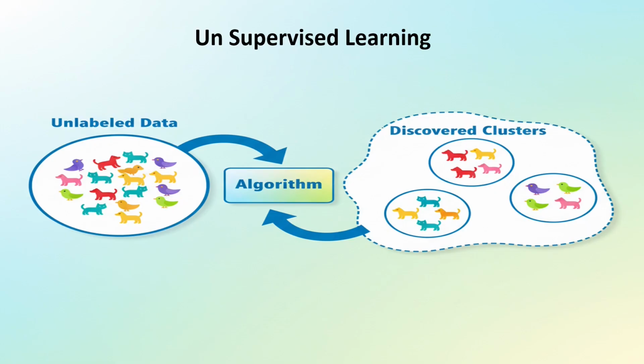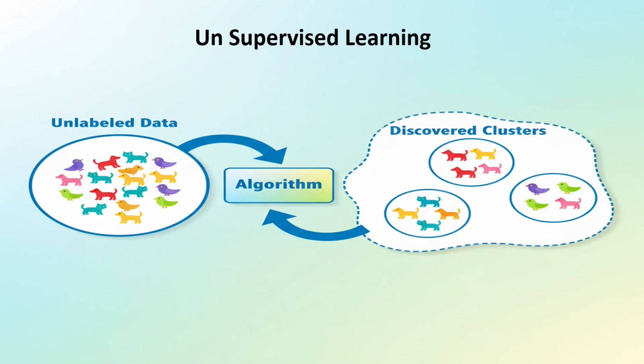Here you can see we have this pool of animals with various images, but nothing is labeled. Now the algorithm is going to look at all the images and identify the natural groupings or patterns on its own, without any prior labels.